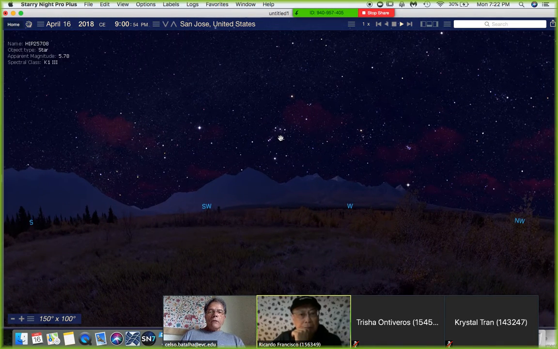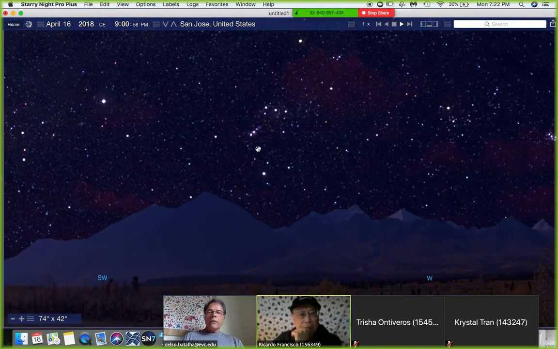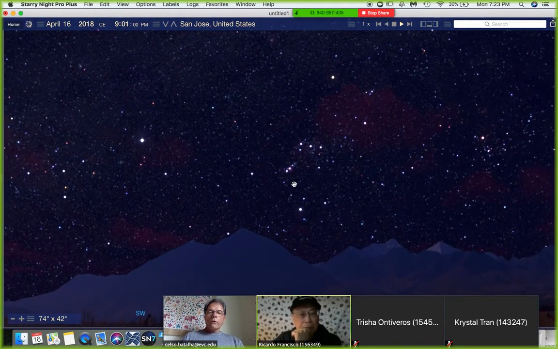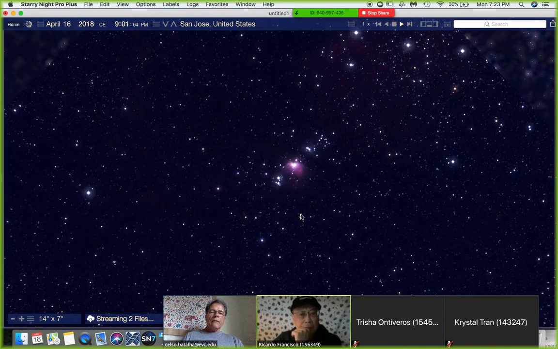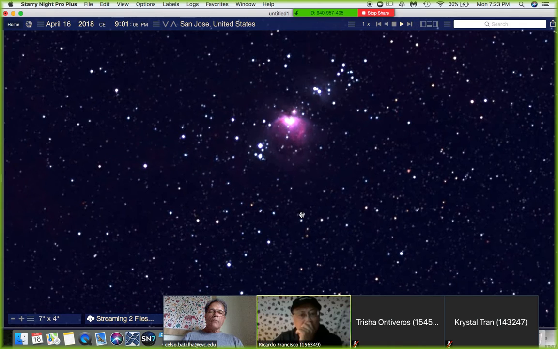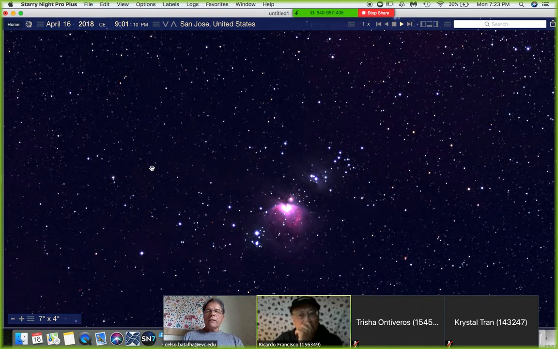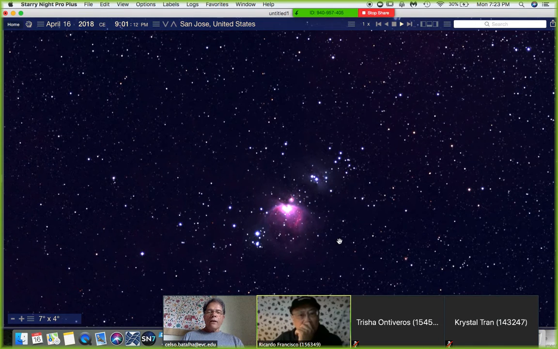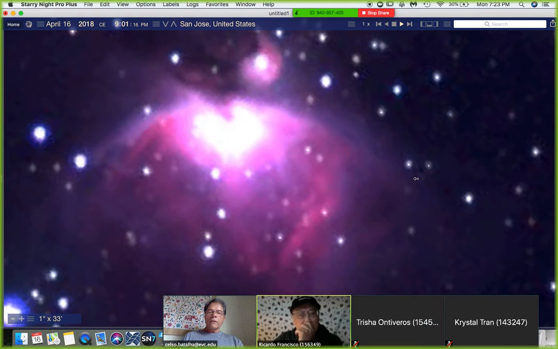Now, if we zoom in, or with the aid of a telescope, then these clouds can be observed. In fact, this entire region in Orion is a site of star formation.